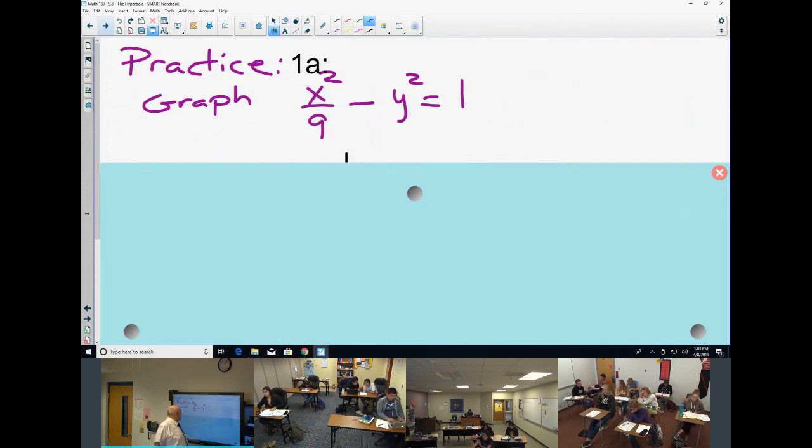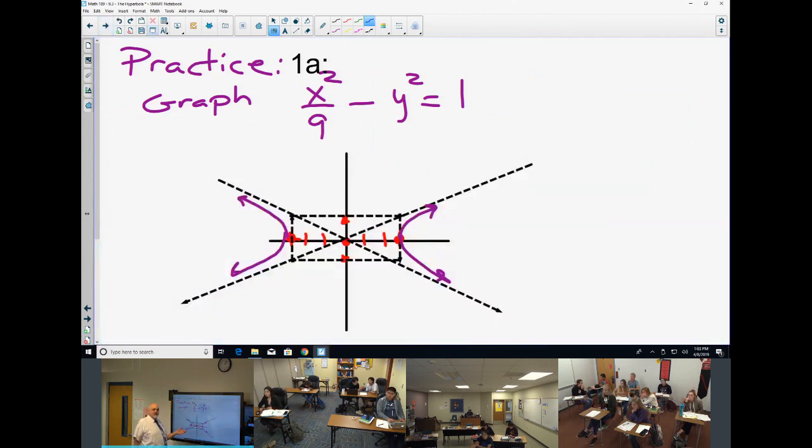All right, so your hyperbola should look like this. Again, the center is at 0, 0. In the x direction, you go left and right 3. In the y direction, there's a little invisible 1 right there, so the square root of 1 is 1, so you go up and down 1. You make your box, then draw the diagonals of the box, the asymptotes.